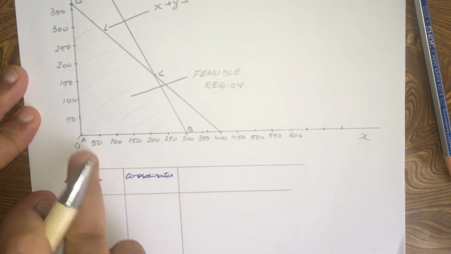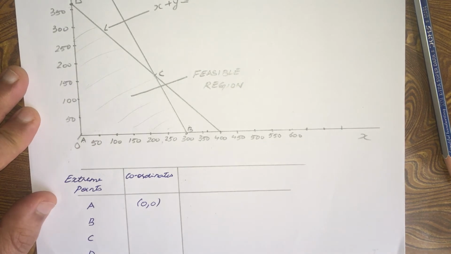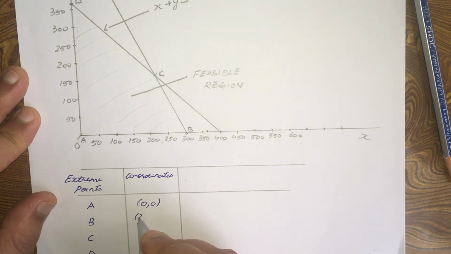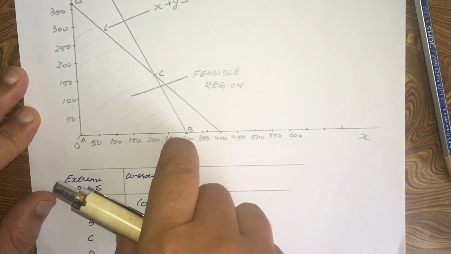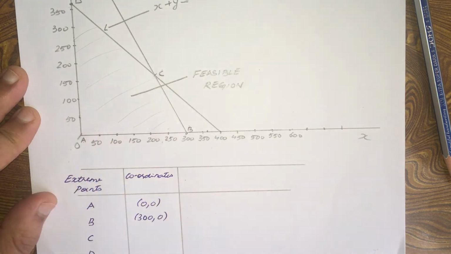Now for A, of course, it'll be 0, 0, right? That's the origin. For B, it'll be 300, 0. Why? Because on the x-axis it is 300, but on the y-axis it is 0.